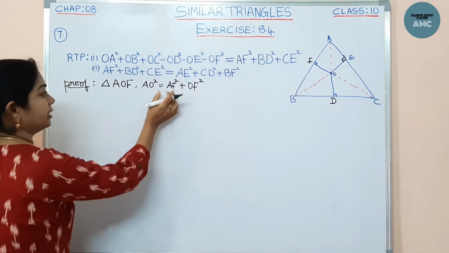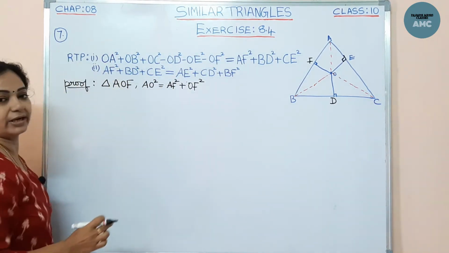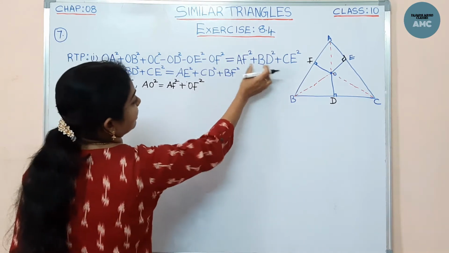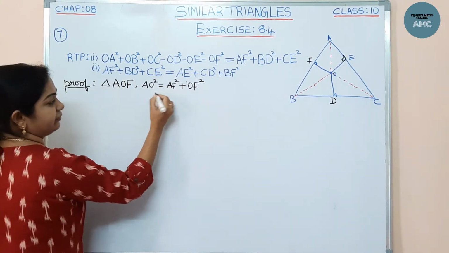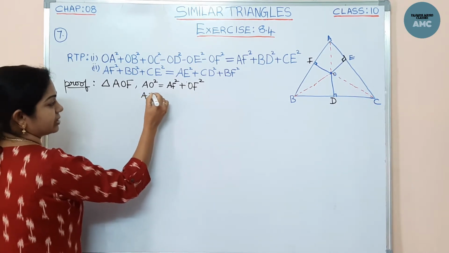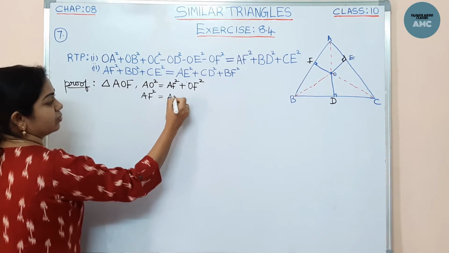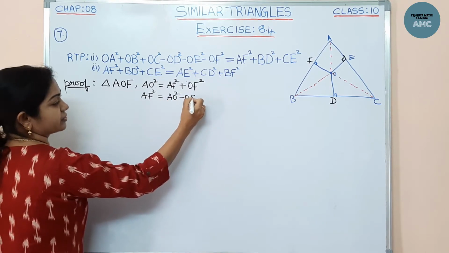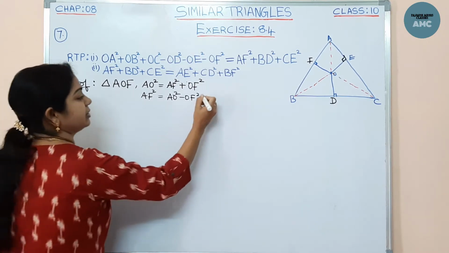Now look at the first part which we are required to prove. The right side part is AF square, so I'll bring OF square to the other side: AF square is equal to AO square minus OF square. If I bring it this side, it becomes minus. Let this be equation 1.